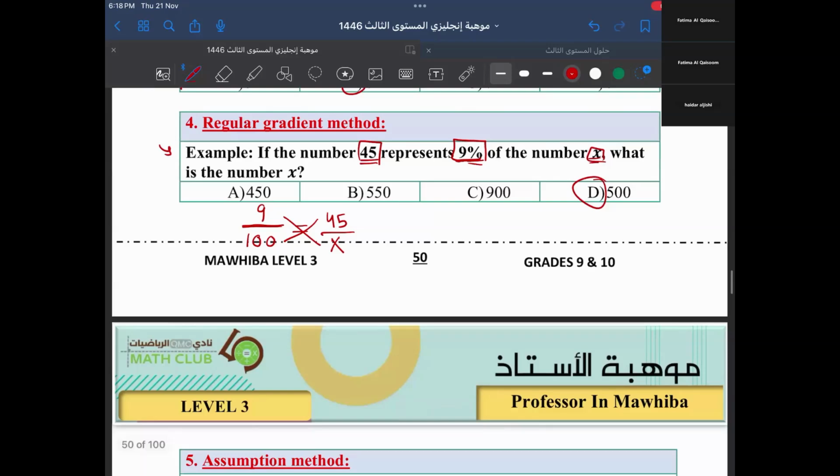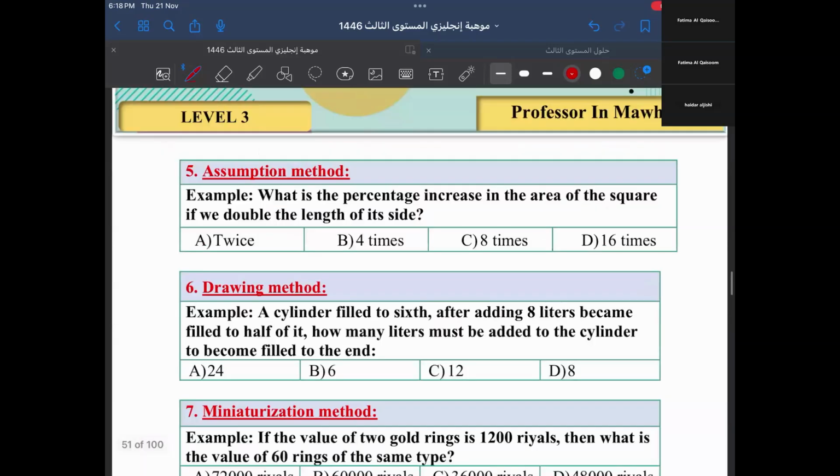Assumption method. So let's see here. What is the percentage increase in the area of the square if we double the length of its side? Is there anyone who knows how to solve this question? Yes, Abdullah?